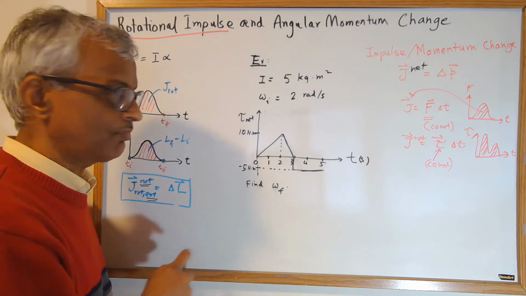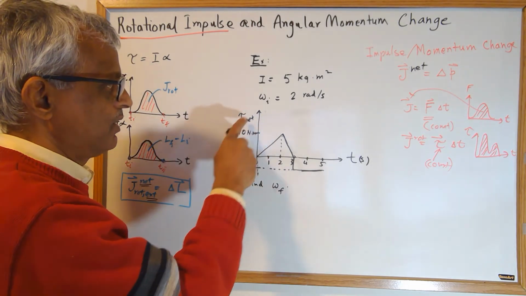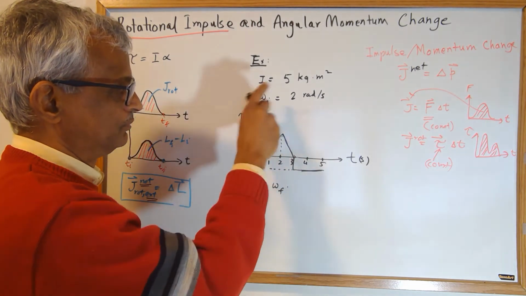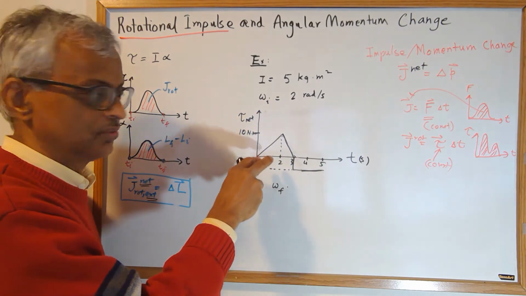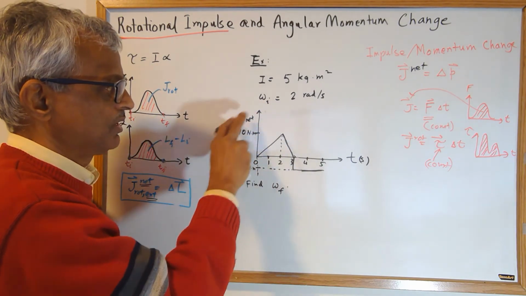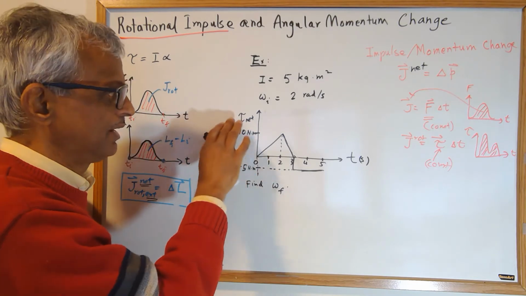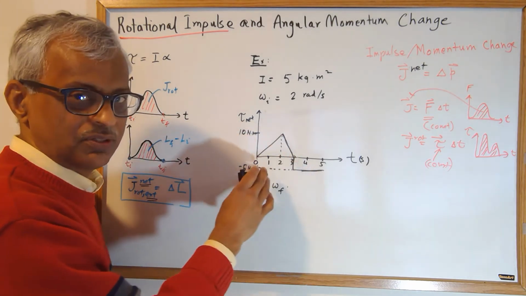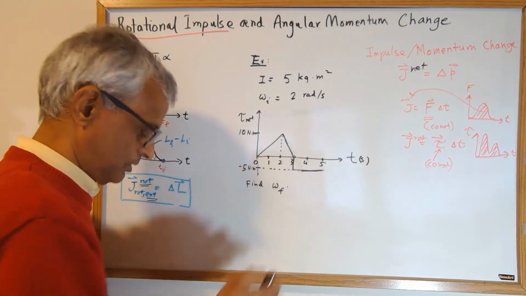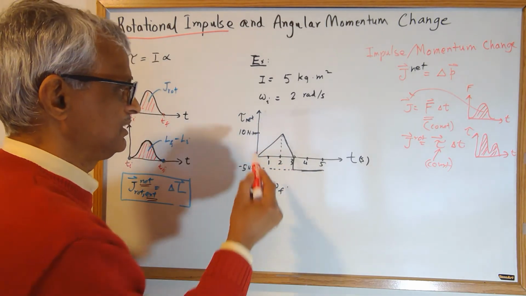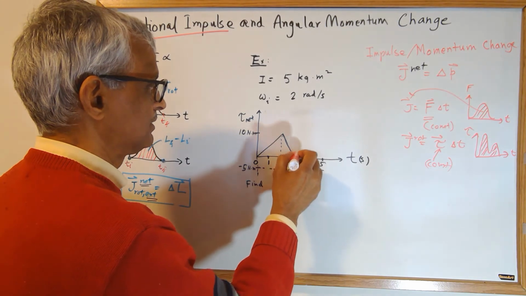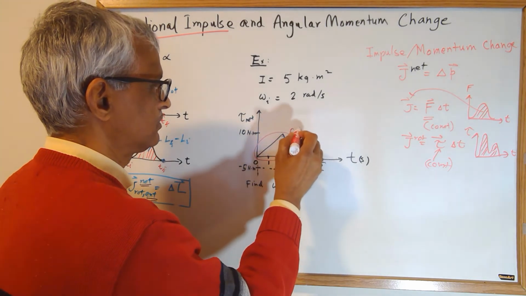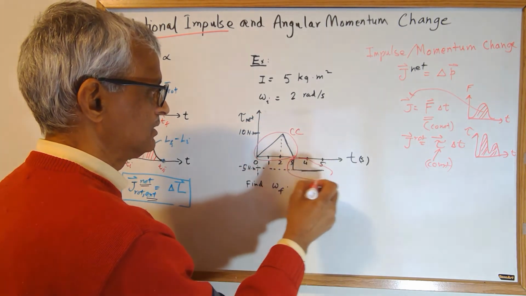Now forces act on this body, so that when you compute the net torque, you get this kind of picture. Over here is a counterclockwise torque, and down here is a clockwise torque. So you can say this part of the net torque is counterclockwise, and this situation is clockwise.